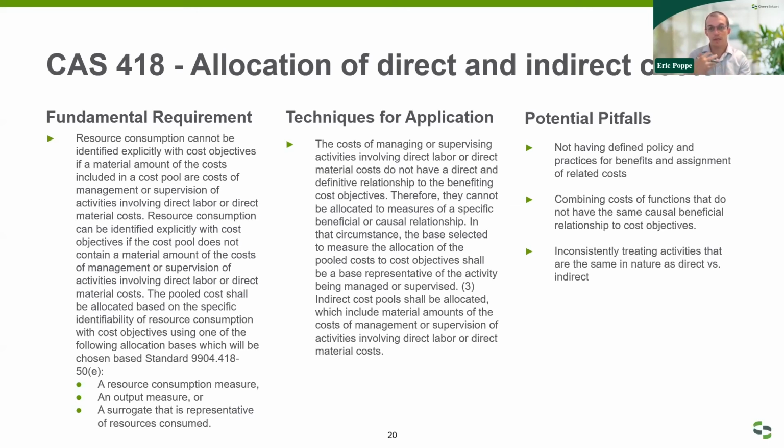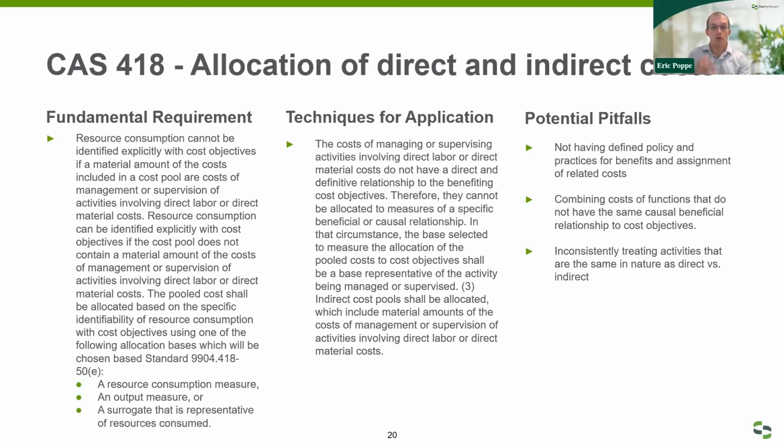And it gives many different illustrations and techniques to do that, and talks about different ways to allocate those costs, maybe based off of a labor or resource consumption measure. So how much do you use of that resource, or an output measure like machine hours run or time spent, or some other surrogate that is a good representation of that resource that's consumed.